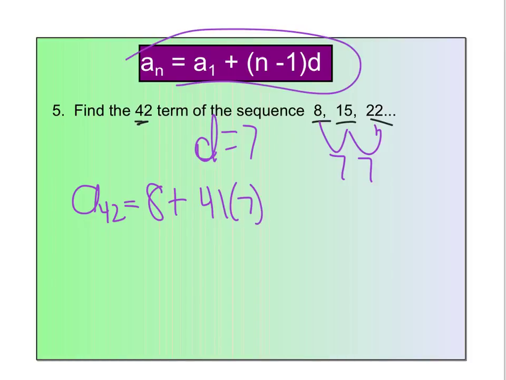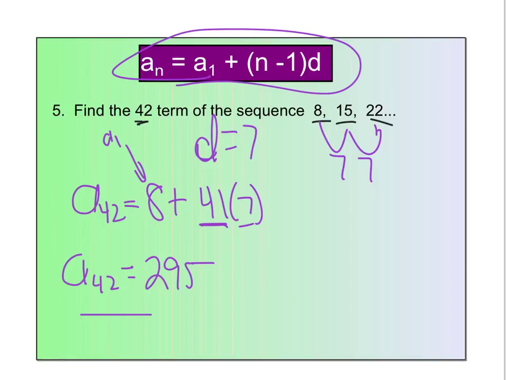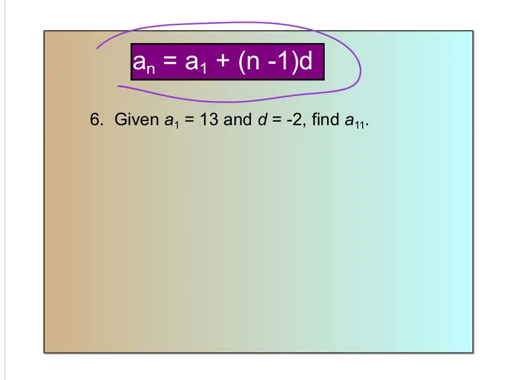Okay, I'm still following this thing up here: my first term, n minus 1, common difference. So 41 times 7 should be 287 plus 8. So the 42nd term of this sequence is going to be 295. There's my answer.